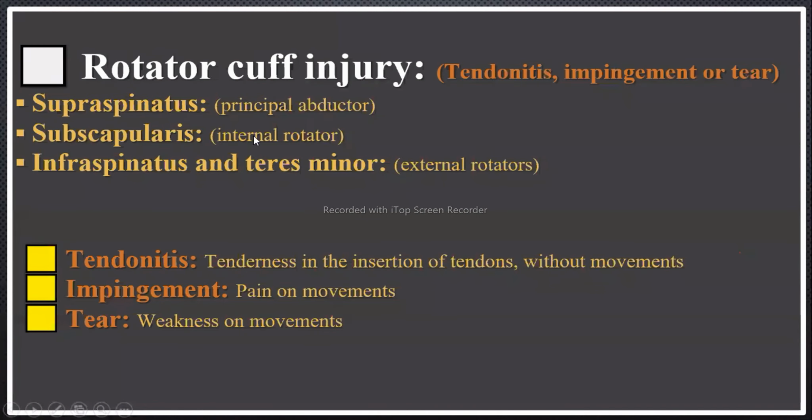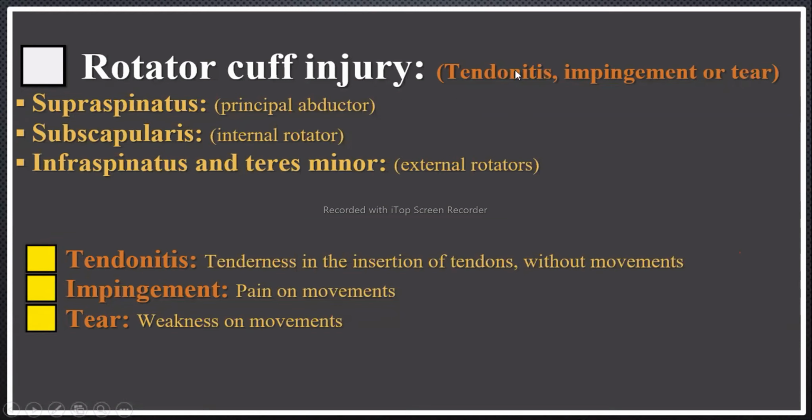So again, here you have 3 diagnoses. I'm talking about rotator cuff injury. So I'm talking about the muscle now, not the bone, not the joint, not the ligament. If the patient has a rotator cuff injury, it means a problem in the muscles.